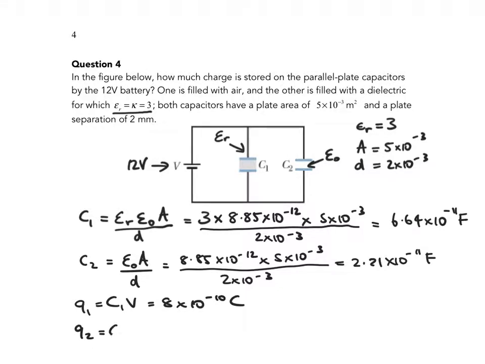Q2 is going to be C2 V, and that comes out to be 2.66 by 10 to the minus 10 coulombs. So this shows you that the dielectric allows us to store more charge. We can have a greater capacitance and store more charge.